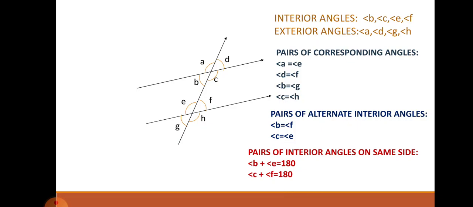Based on this, we can do exercise 5.2. Usually the questions will be given like that. They will give some lines like this, and ask you to identify the pairs of corresponding angles, the pairs of alternate interior angles, and the pairs of exterior angles.